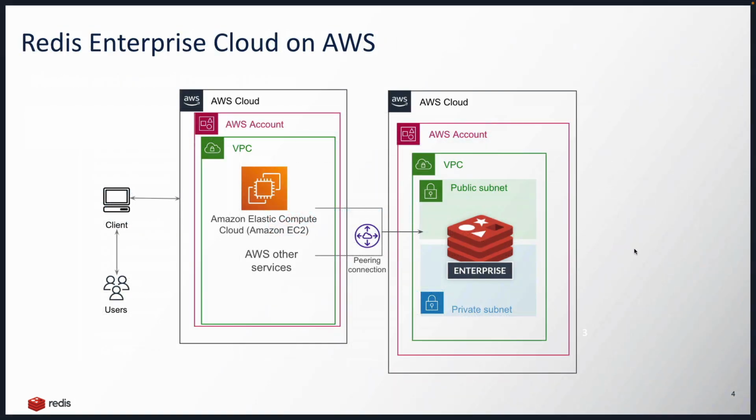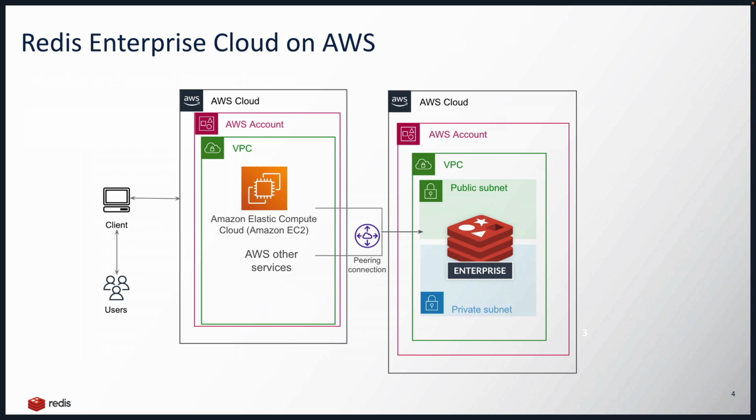How things work here: when you deploy a typical Redis Enterprise cluster, that cluster is deployed inside a new VPC in your AWS account. Once this cluster has been created, to connect to it you need to create a peering connection between it and your already existing VPC, where your application might be residing.